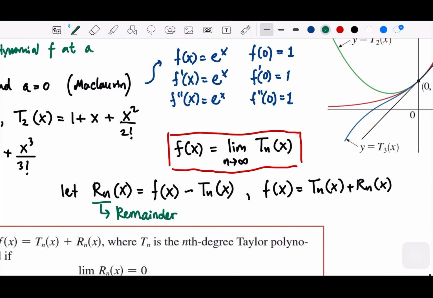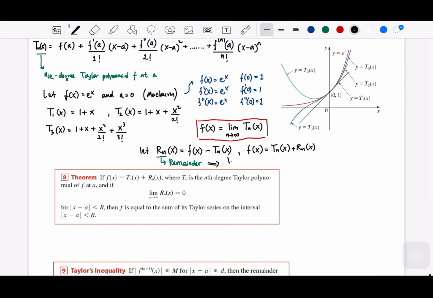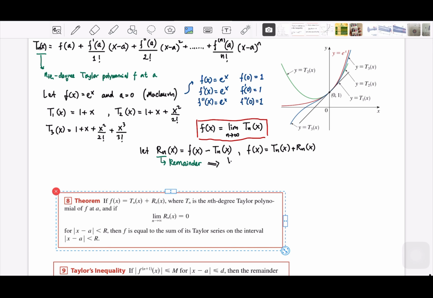So the idea is for this remainder to get as small as possible, or getting close to zero, to make the error as small as it can. So we need to make sure that the limit, or maybe let me write this a bit down here.